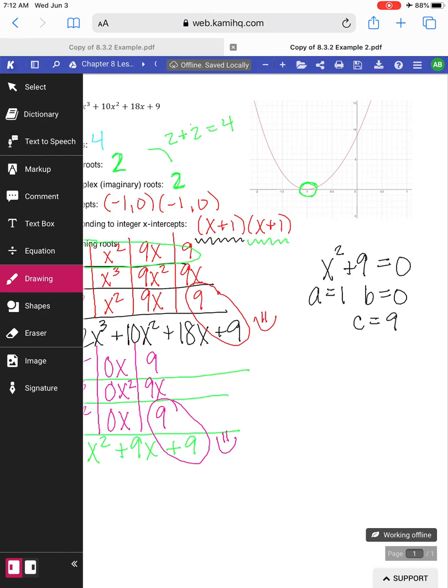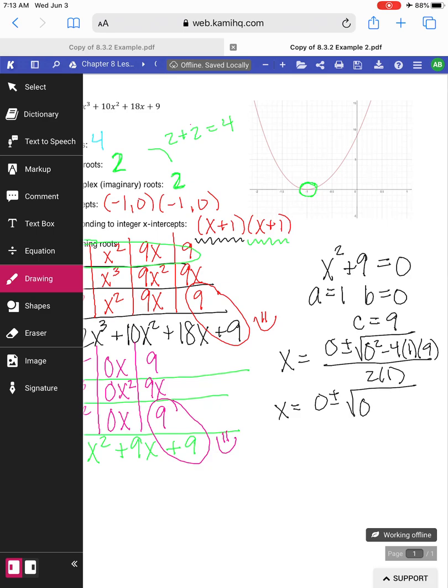We know our a is 1, our b is 0, and our c is 9. To solve for x, the opposite of 0 is just 0, 0 squared minus 4 times 1 times 9, all over 2 times 1.